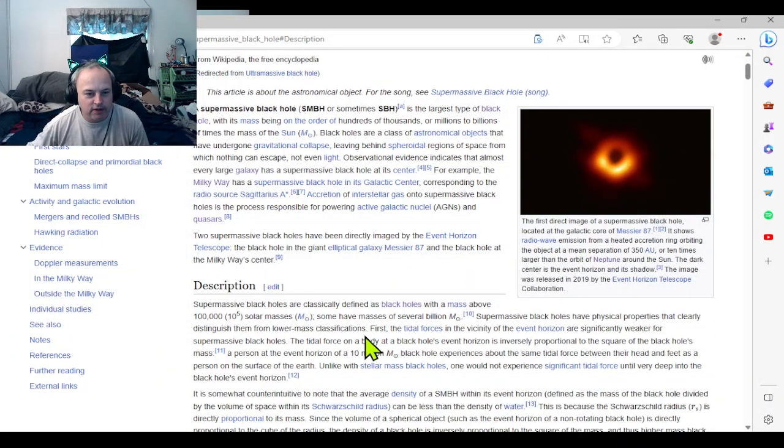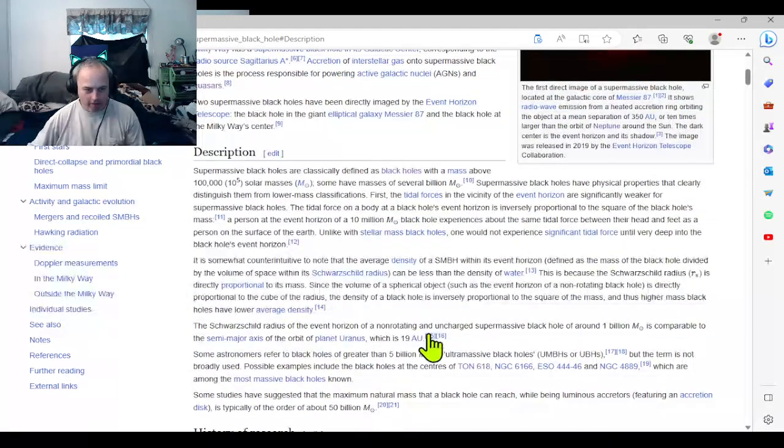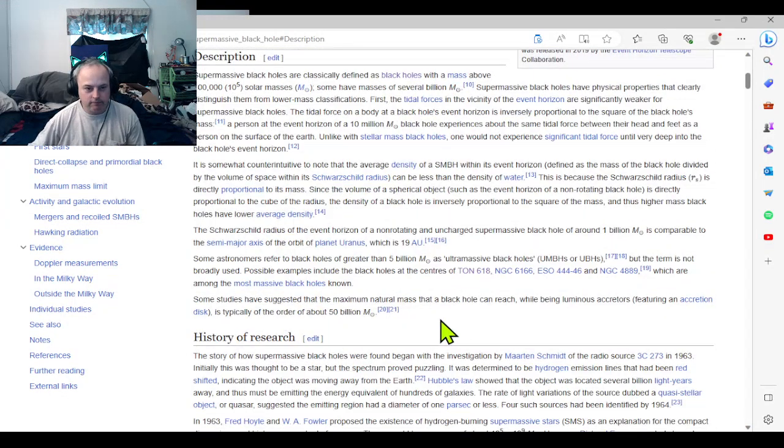But they're classified as a mass above 100,000 solar masses, or the volume of a universe. Not a universe, a galaxy. Down here at the bottom, some astronomers refer to black holes of greater than 5 billion masses. An ultramassive black hole is not broadly used.